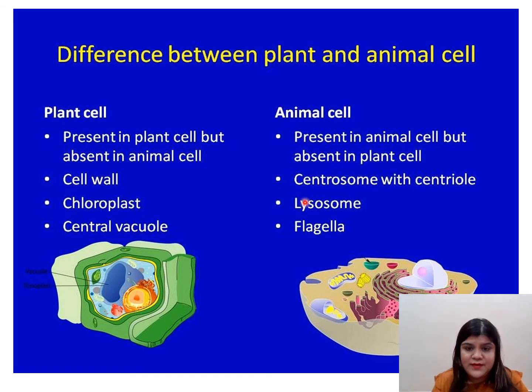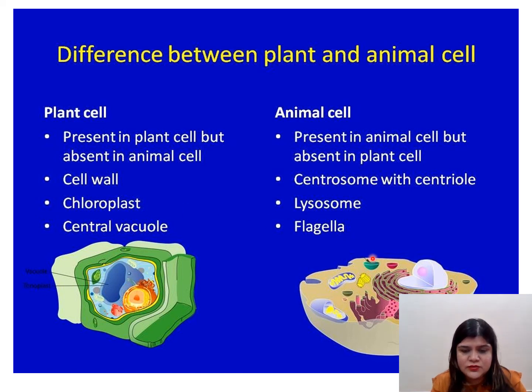In the case of animals, there is no cell wall present. Cell wall is absent, and there are centrosomes with centrioles. Plants have chloroplasts. Chloroplasts are in the plastids. Plastids are the kitchen of the cell. Chloroplast is responsible for the production of food by photosynthesis, as it has the green pigment chlorophyll.